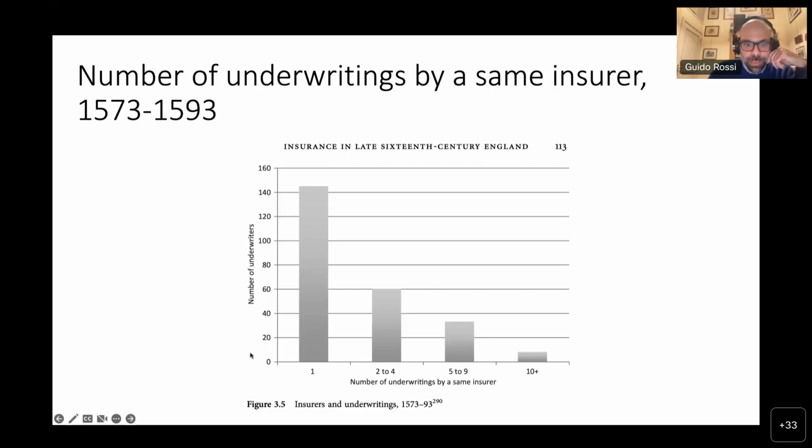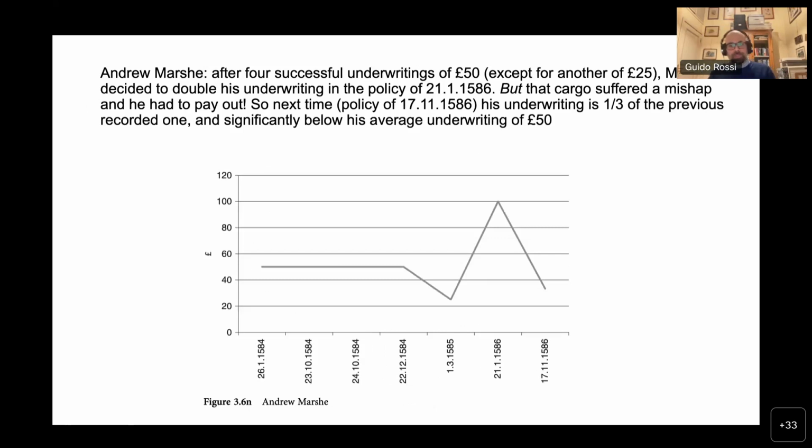Well, of course, we don't have all of them, but we have a good sample. And in this good sample, you can see that the vast majority only underwrote once. Insurers who underwrote 10 or more policies are really, really few. Very few people try their luck more than one or two times. And this is, to conclude, just an example or two examples of the approach of some of the very few insurers who accepted to underwrite several policies.